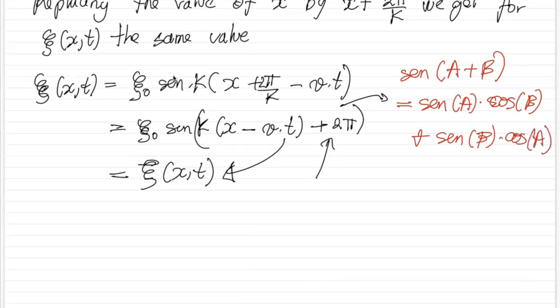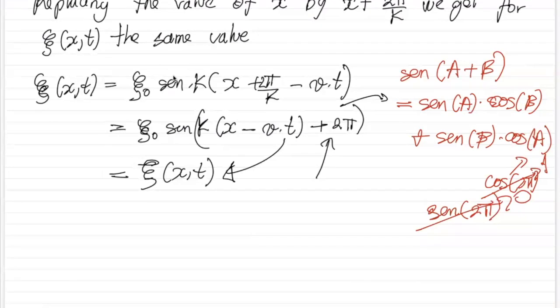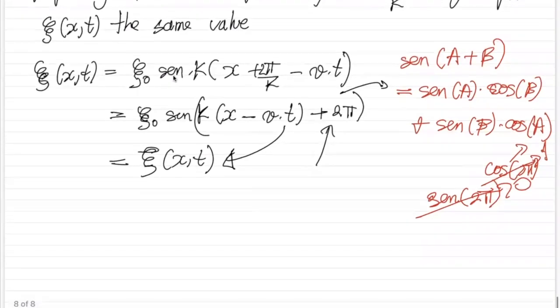In this case, cosine of 2 pi is equal to 1, and sine of 2 pi is equal to 0.